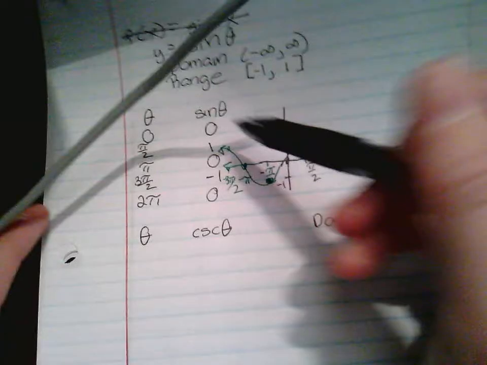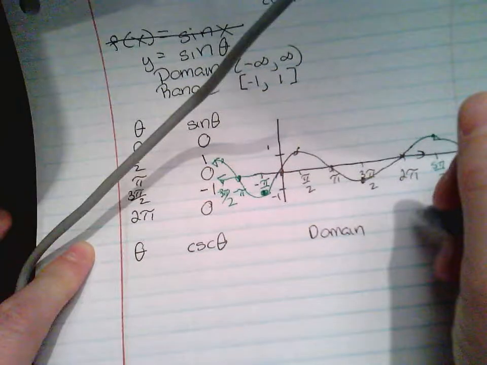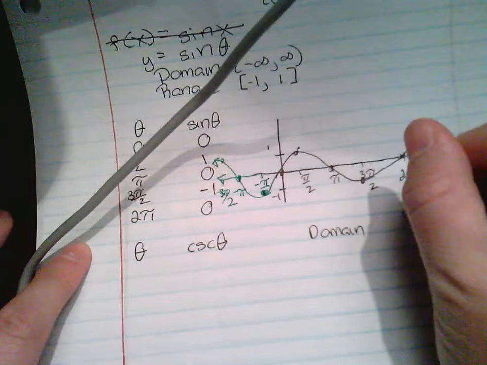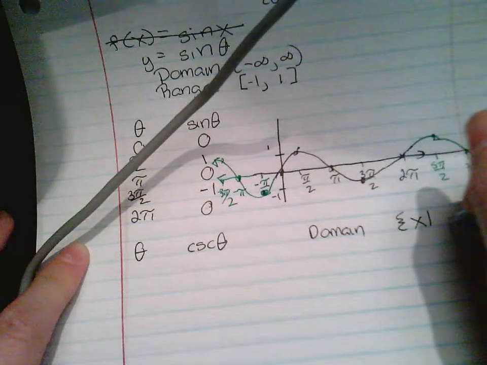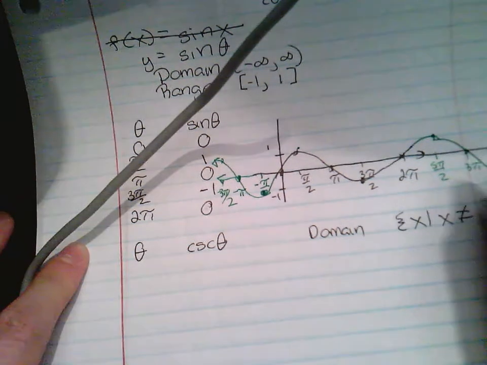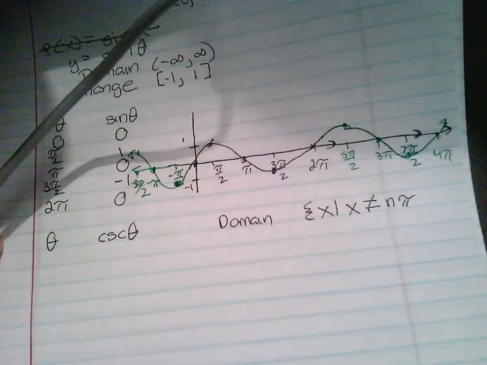So the domain, I'm going to do it in set notation, which is the domain is x such that x can equal n times pi. Okay, and of course n has to be an integer. Okay, the range.